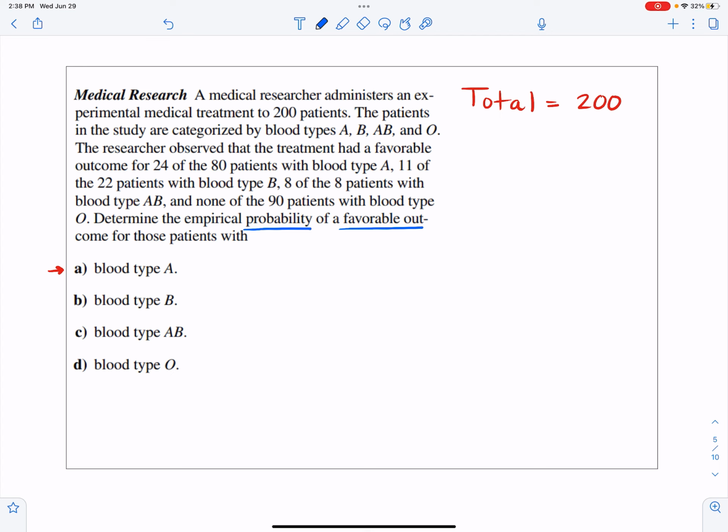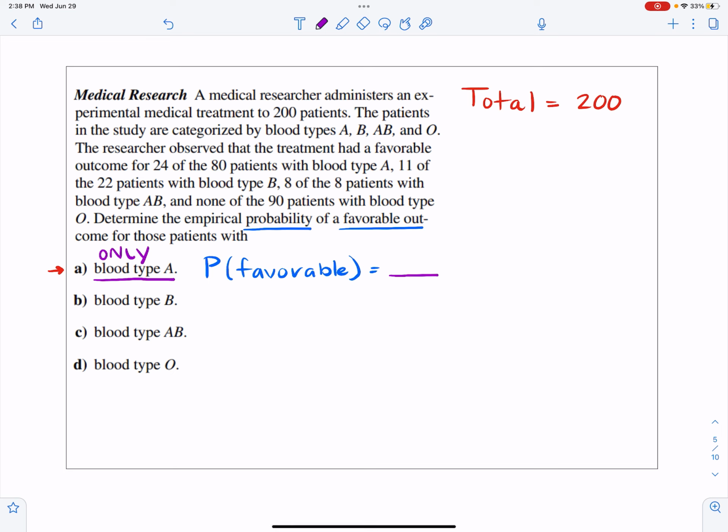Okay, so what I'm looking for here is the probability that it's favorable, right? That's the event that I want to look at. But when you're given a particular group like this, you only want to look at those here with blood type A. So because of that, my total would not be 200.